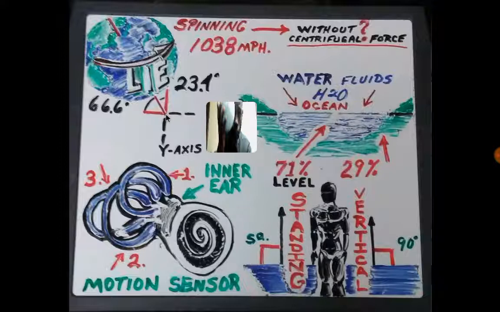Where this ball would rest on the plane would be on the vertical axis where it meets the ground. Just like the y-axis does. When you stand up vertical, you're perpendicular to the x-axis.